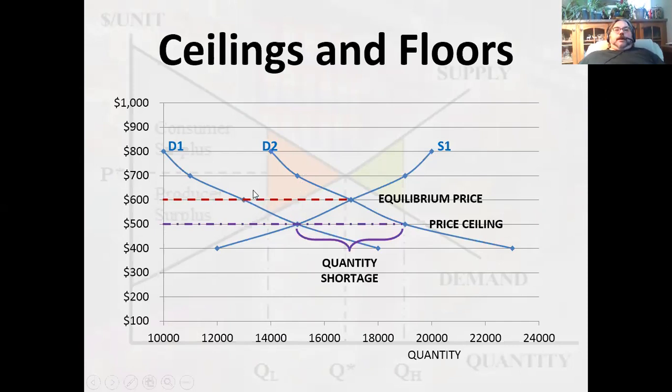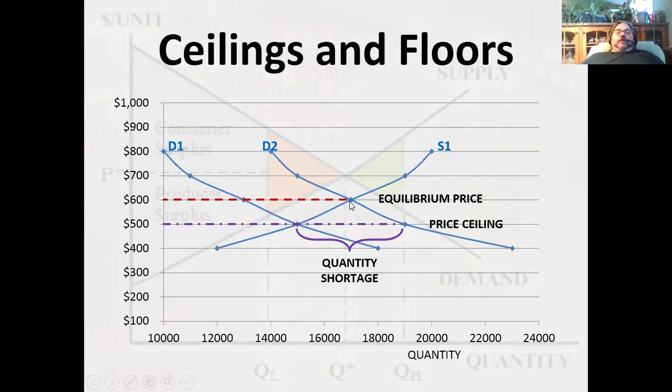Well, what you've got now with the artificially low price, you have a shift in your demand curve. Hey, I can live in a $600 neighborhood for only $500. Shift demand curve right. And now at that $500 price, I've got 19,000 people looking for housing at $500.